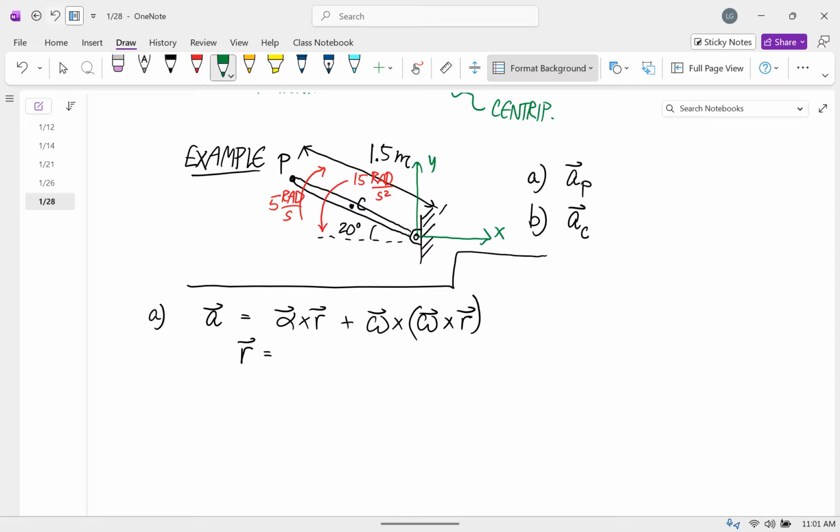So that would be 1.5 times cosine and sine of 160 degrees. And you get negative 1.41, 0.513, 0.